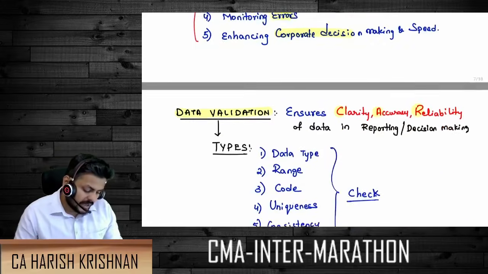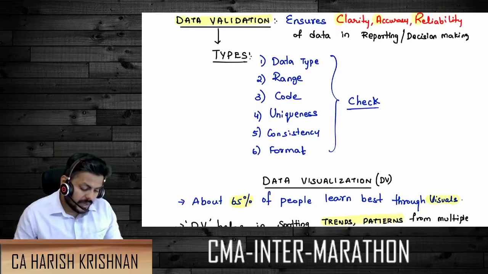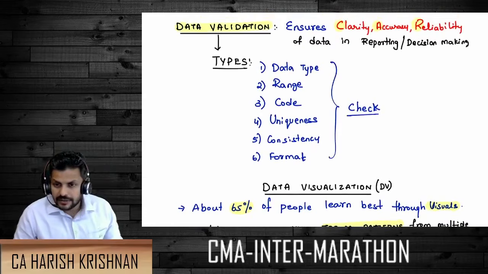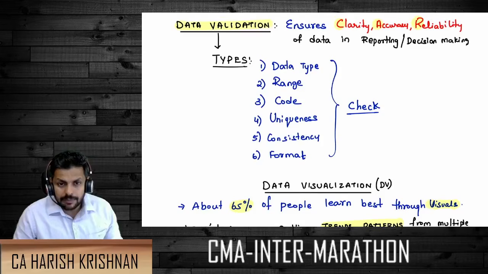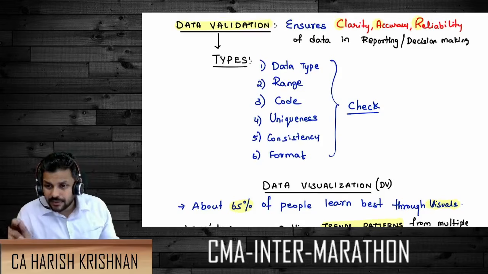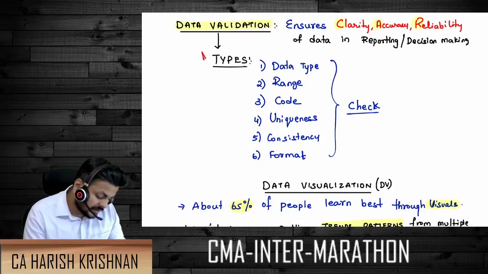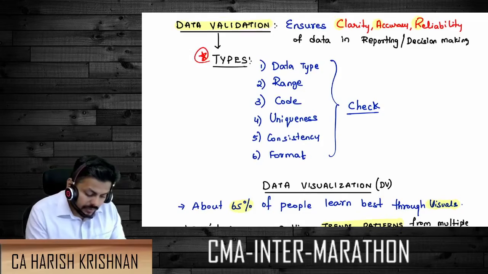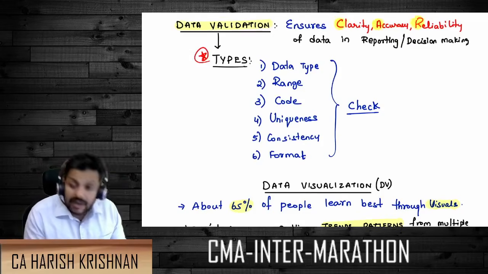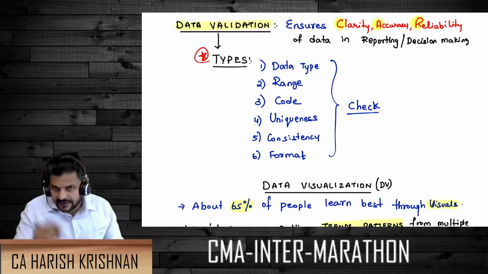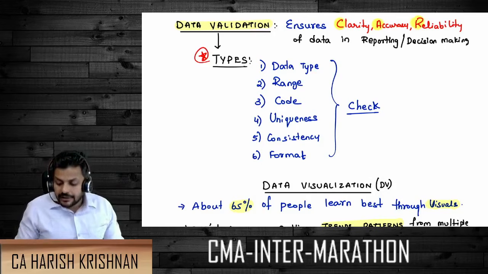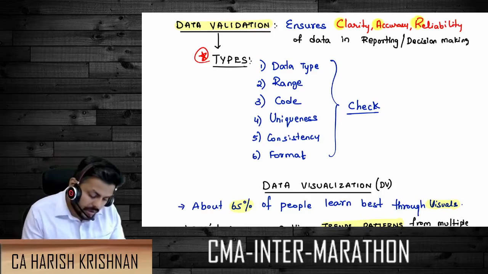Then coming to data validation. The last part of the chapter, but it's a very important part, because there are 6 types of checks that can also be asked as a question, which ensure clarity, accuracy, and reliability. CAR, I told you and highlighted those, right? Data validation ensures 3 things about the data in reporting or decision making.